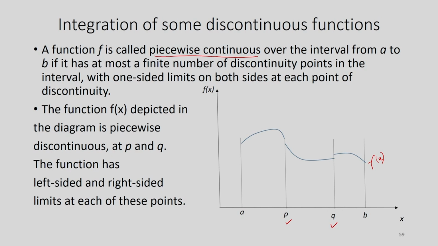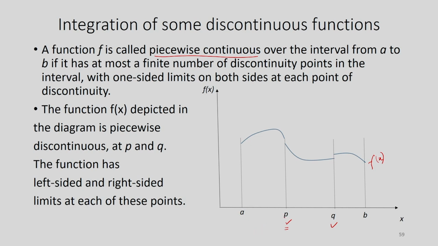Okay, because you can see the function is jumping, right. So there is a point of discontinuity at P and at Q. The function f(x) depicted in the diagram is piecewise continuous, and the discontinuities are at points P and Q. The function has left-sided and right-sided limits at each of these points. So, for example, if you take the point P, the left-sided limit is there.